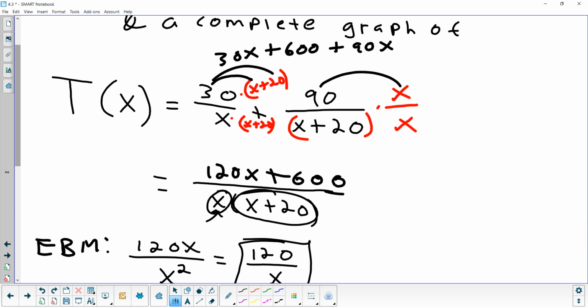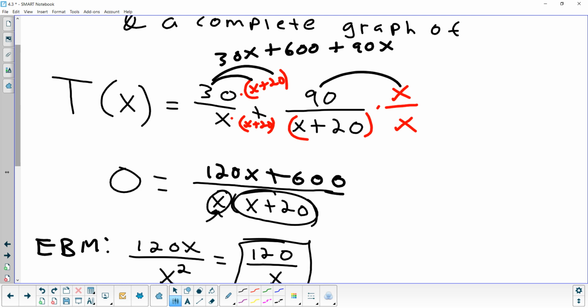So now, let's pretend that we did that here. We would have a fraction equal to 0. What's the only way that a fraction can ever come out to 0? Yeah. If the top is 0. That's the only way that it can ever come out to 0.